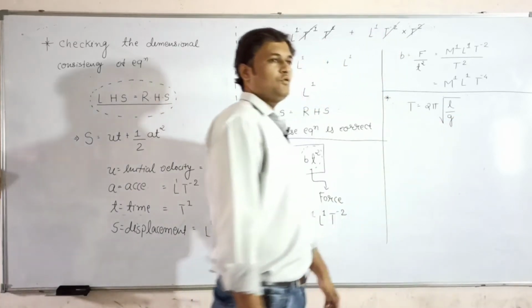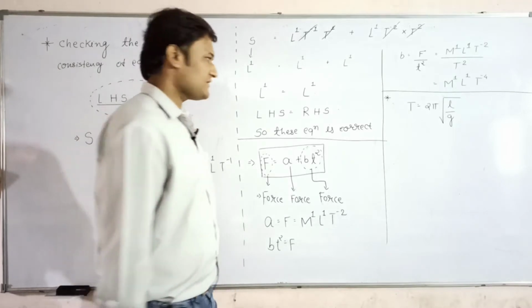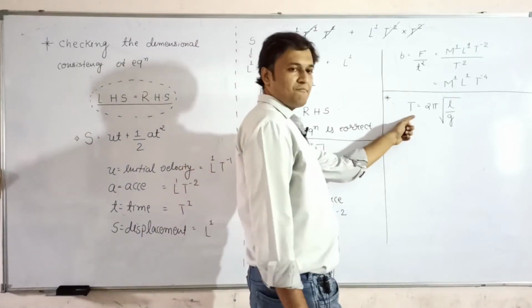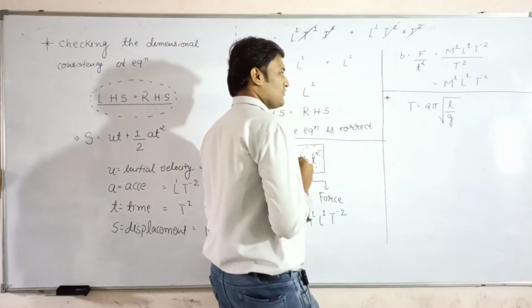L is equal to length of the string, G is equal to gravitational acceleration, T is equal to time period. So we have to just check LHS is equal to RHS.